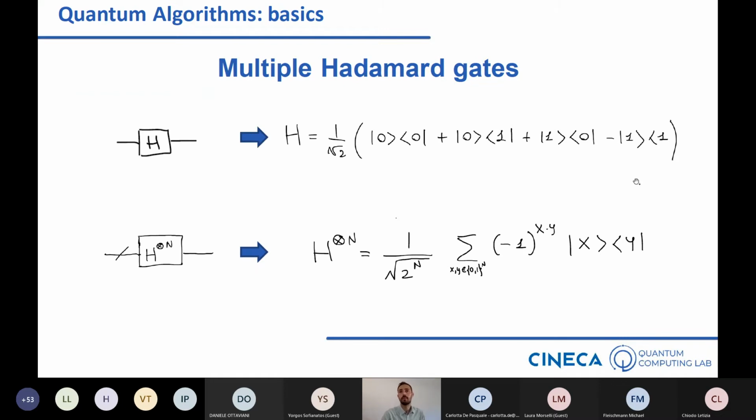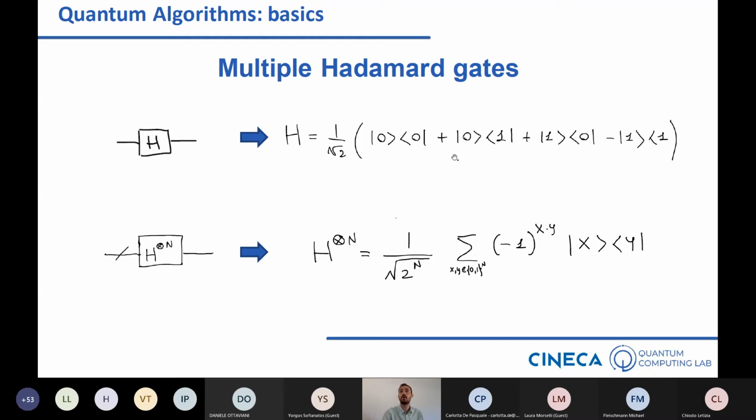It's not trivial, but you can see quite easily that when you apply H^n, so H on n qubits, which means H tensor product with itself n times, you get something that looks like this.